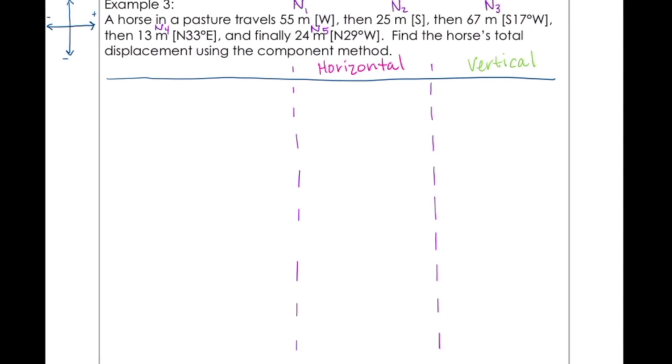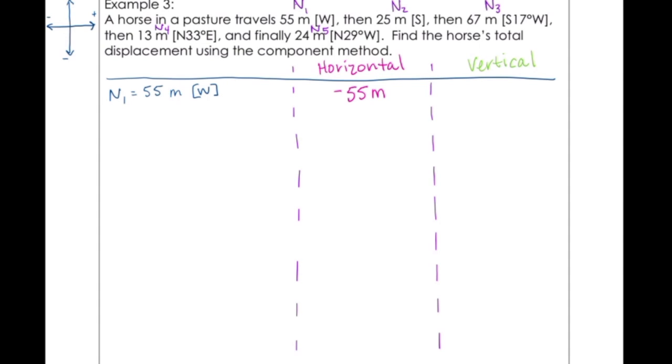Okay, so let's start out with N1. N1 is 55 meters west. If we break that up into our components, the horizontal is negative 55 meters.